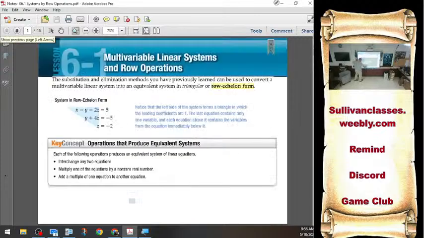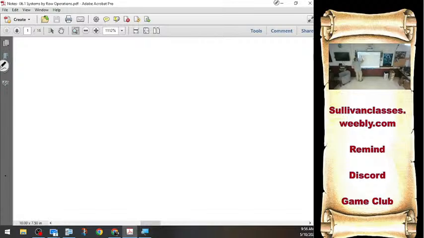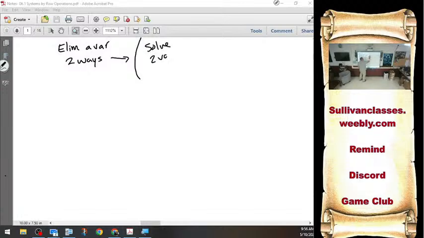The idea behind it was that in most cases, we eliminate a variable two ways, right? We'd get rid of x, we'd get rid of x. Now I have two different equations that have y and z only. Well, if I've got two equations with two variables, then I'll just go solve a two-variable system like I'm back in Algebra 1.